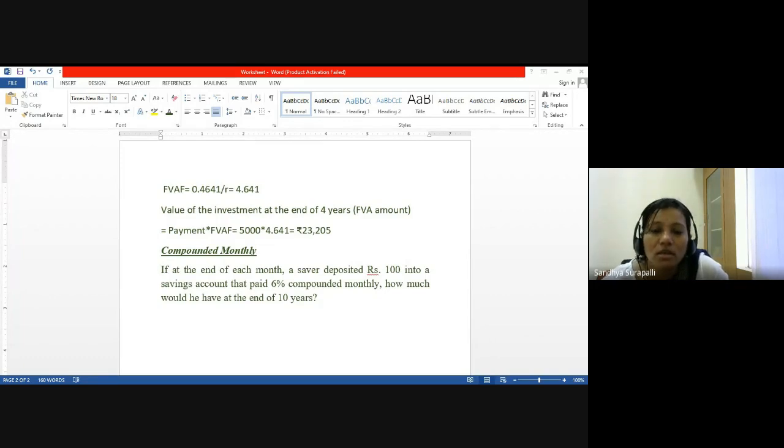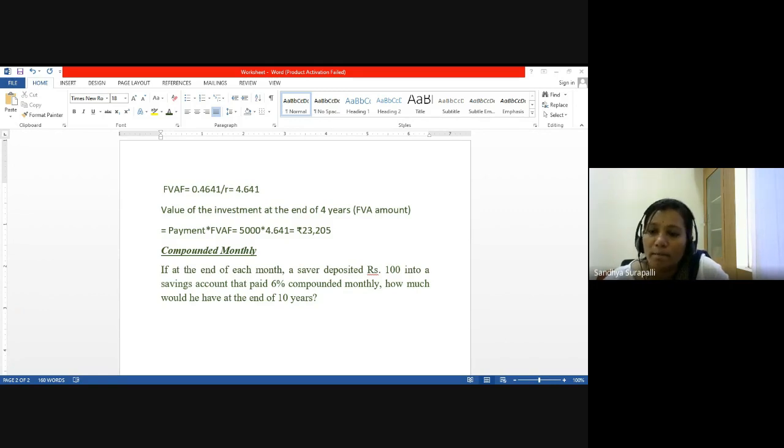In the previous example it was compounded annually, so whatever interest is received for 1 year is put back once. On 5,000 in the first year they earned 500, so for the second year it is 5,500. In the third year they earn 550, so 550 is added and it becomes 6,050. Like that, only once a year they add.